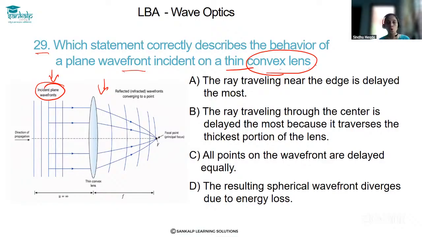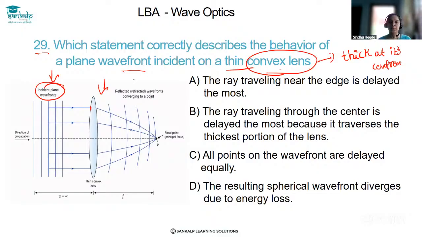As we know, a convex lens is thick at its center and thin at its edges, when this incident plane wavefront comes and hits the surface of this thin convex lens.